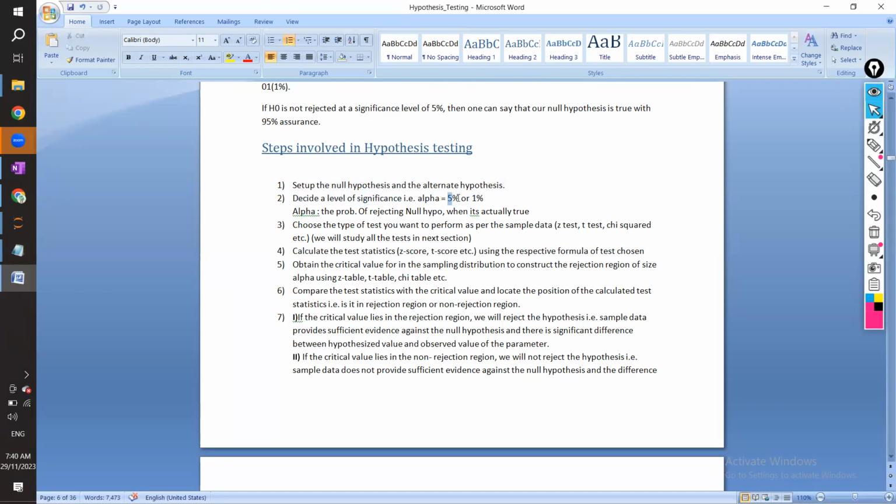Usually they'll take 5%. What is this 5%? It is saying that is the probability of rejecting the null hypothesis. That means my test can reject the null hypothesis even though it is true, but it is a very small chance, 5%. Okay, 0.05 of the time it is possible that I might reject the null even though it is true. Okay, are we good with alpha?